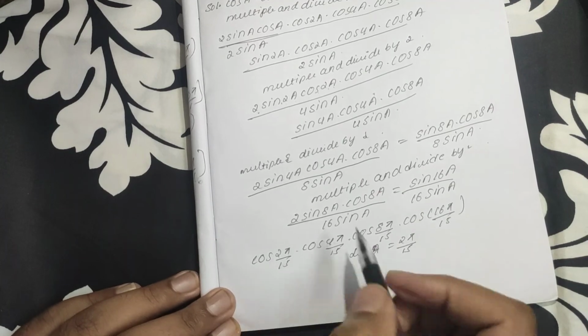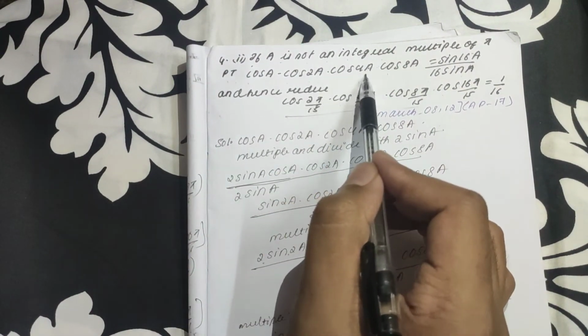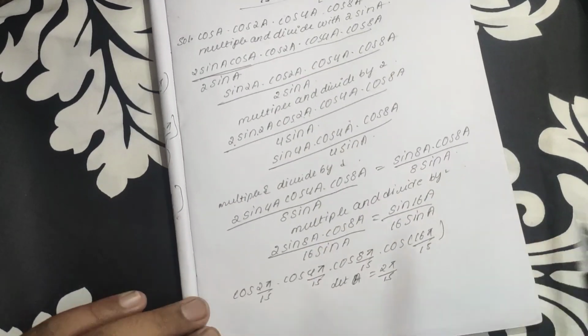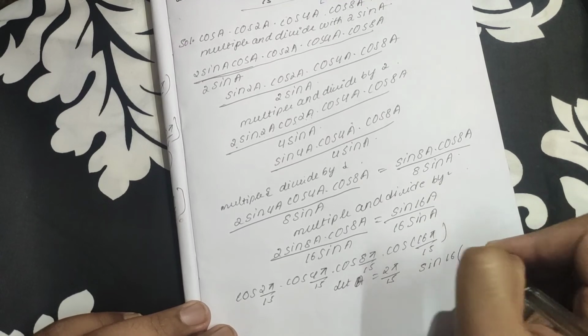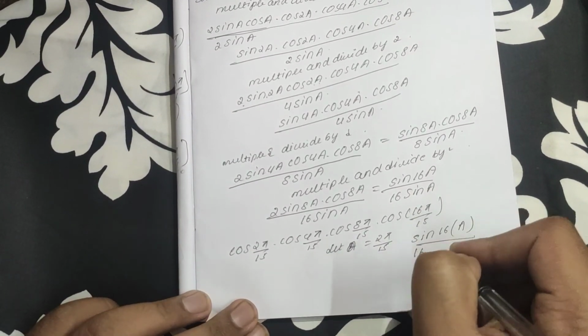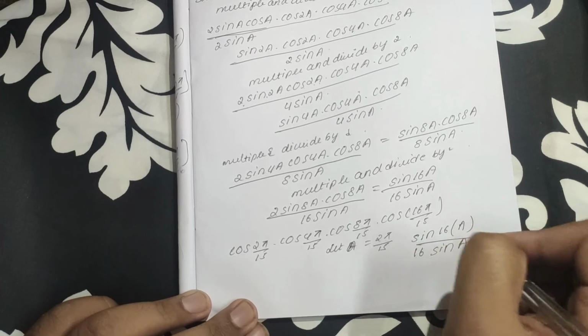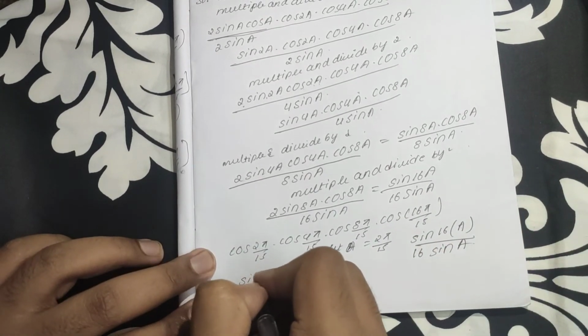So this is in the formula of cos a into cos 2a into cos 4a into cos 8a. So the value of this is sin of 16 into a by 16 sin a.